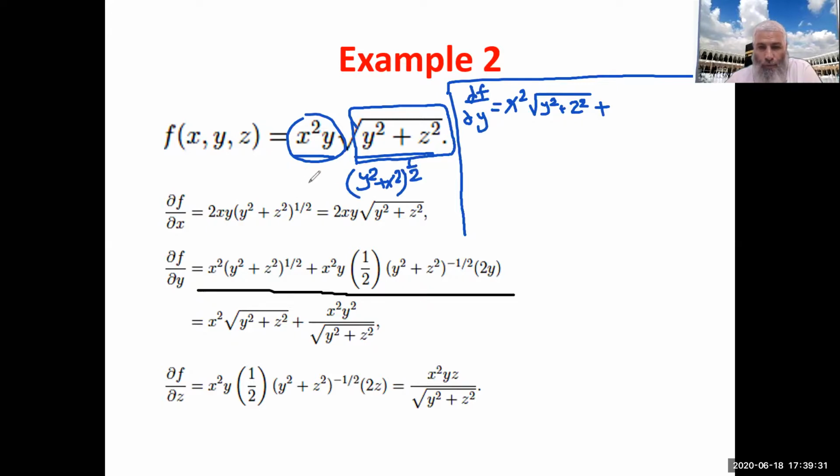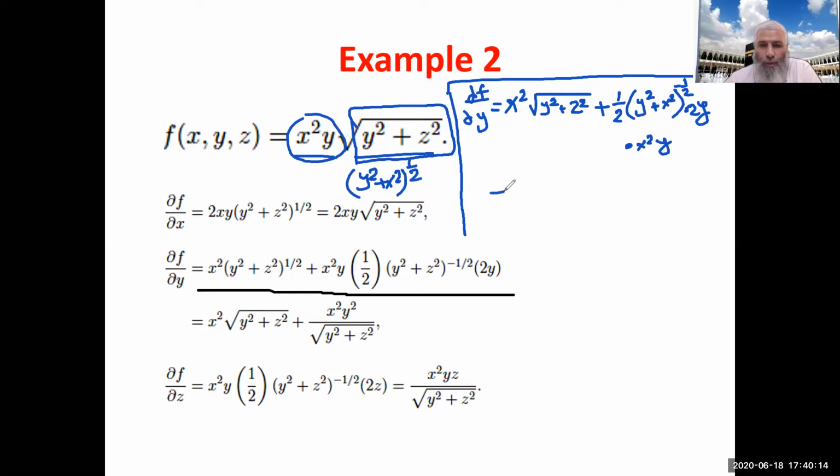We start with 1/2, then subtract from the power 1, so the power is negative 1/2. Then the derivative of the inside bracket is just 2y, multiply the first, which is x squared y, right? Yes.